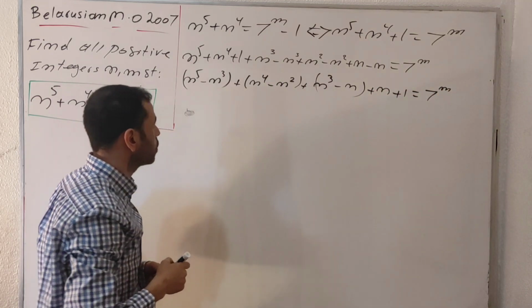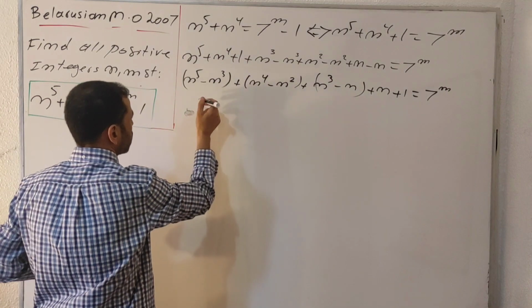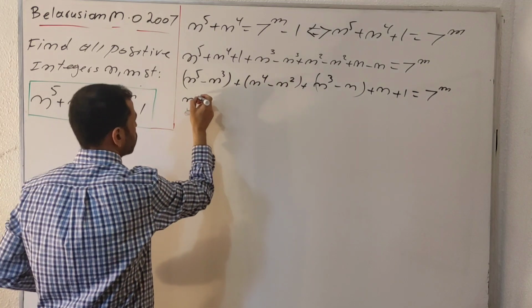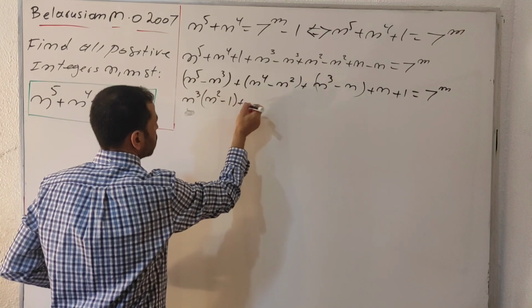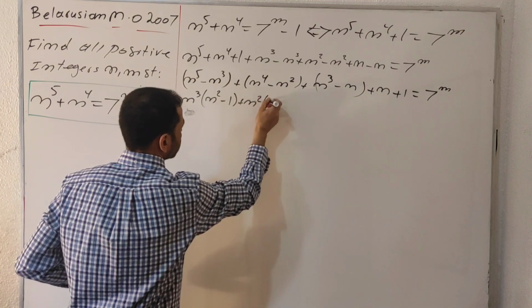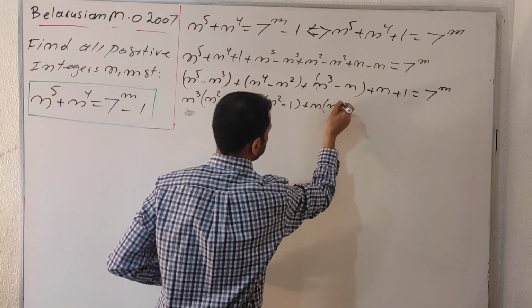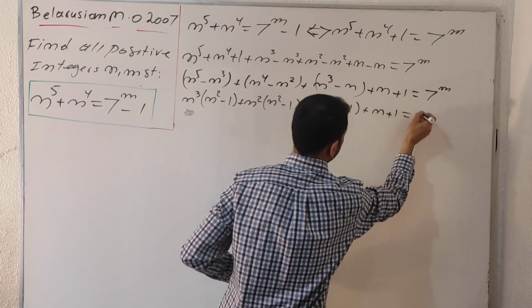Now I factor out n cubed from the first group to get n cubed times n squared minus 1. For the second I get n squared times n squared minus 1. For the third I get n times n squared minus 1. For the last one we have n plus 1 equals 7 to the m.